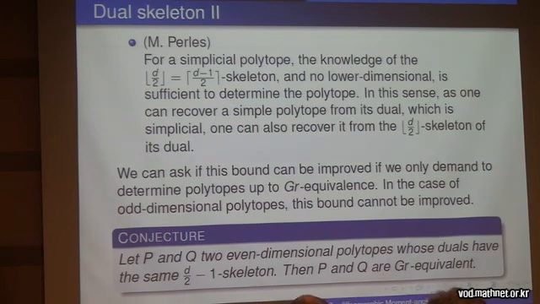Suppose it's even, and the question is: if we want to know the graded equivalence class, is the d/2 minus 1 skeleton sufficient? This is the conjecture.